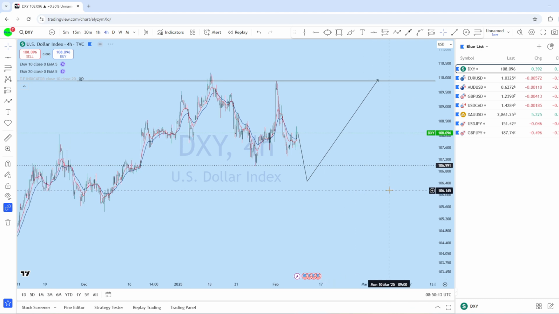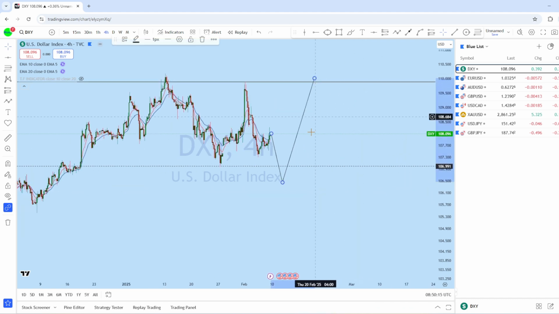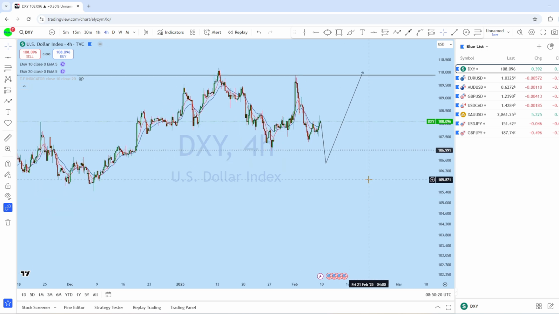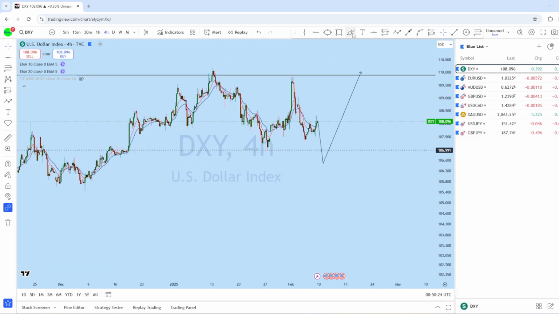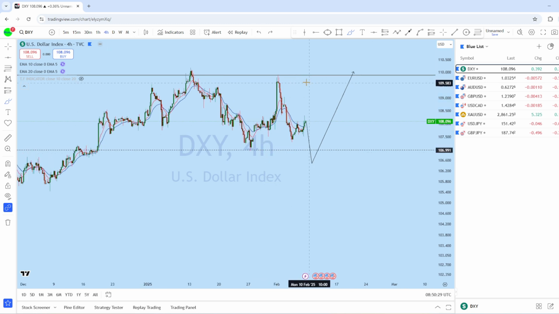Now looking at the 4-hour chart, this is the 4-hour time frame on DXY, a lower time frame, and as this is a very important level of support, from here we have seen a complete bounce.